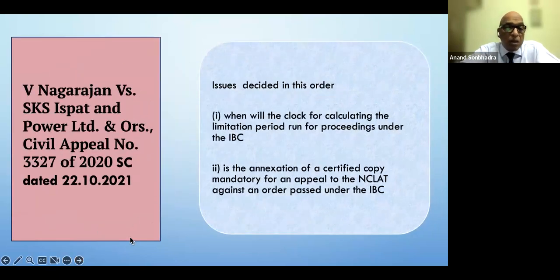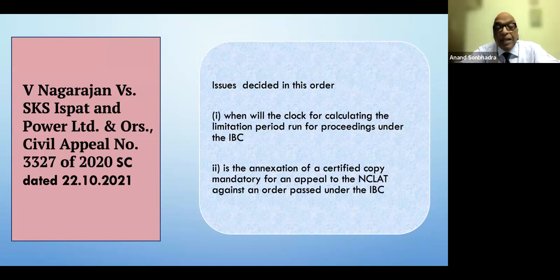Now let's look at another important decision given by the Honorable Supreme Court, V. Nagarajan versus SKS Ispat and Power Limited, Civil Appeal number so and so. So what are the issues which were decided in this order? One, the questions that the Honorable Court asked: when will the clock for calculating the limitation period run for proceedings under IBC?